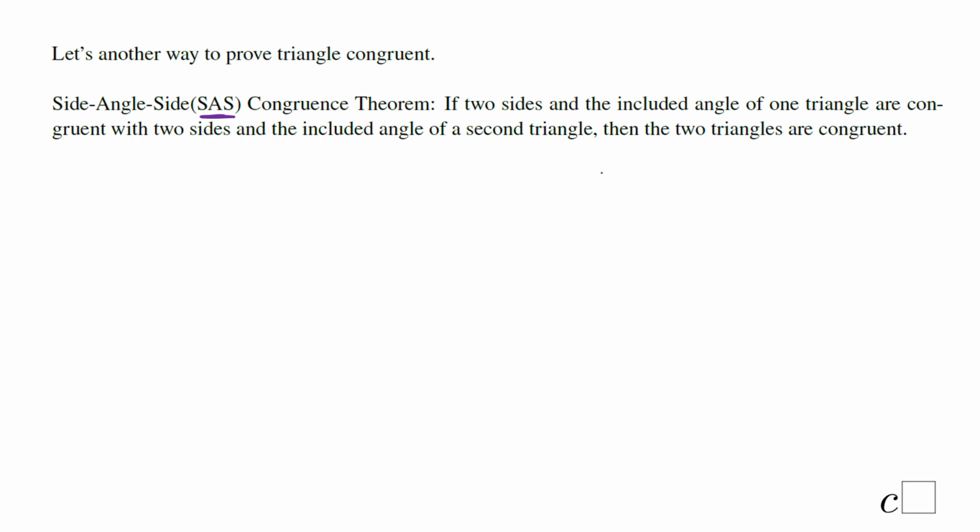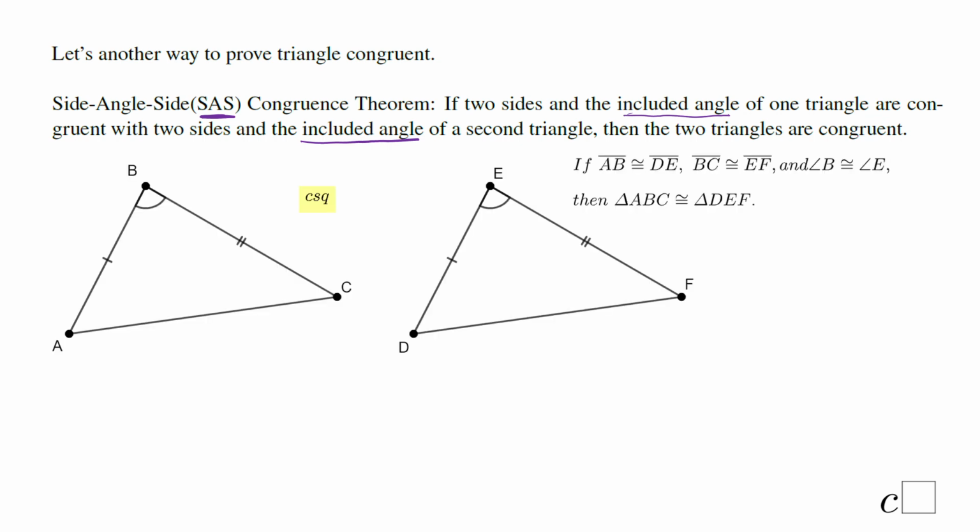If two sides, and this is a keyword, included angle of one triangle are congruent with two sides and the included angle of the second triangle, then the two triangles are congruent. Let's see a picture here. I think it's going to help you to understand. Look at here. These are the congruent sides, AB and DE, you see it here.